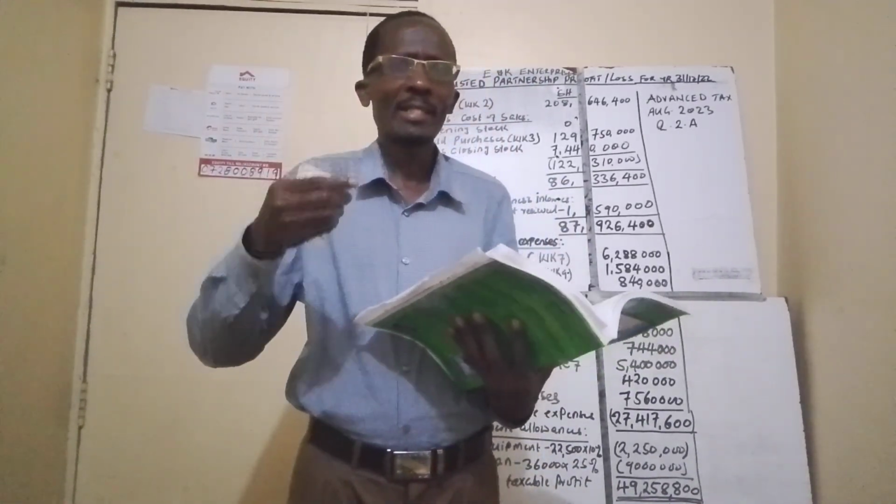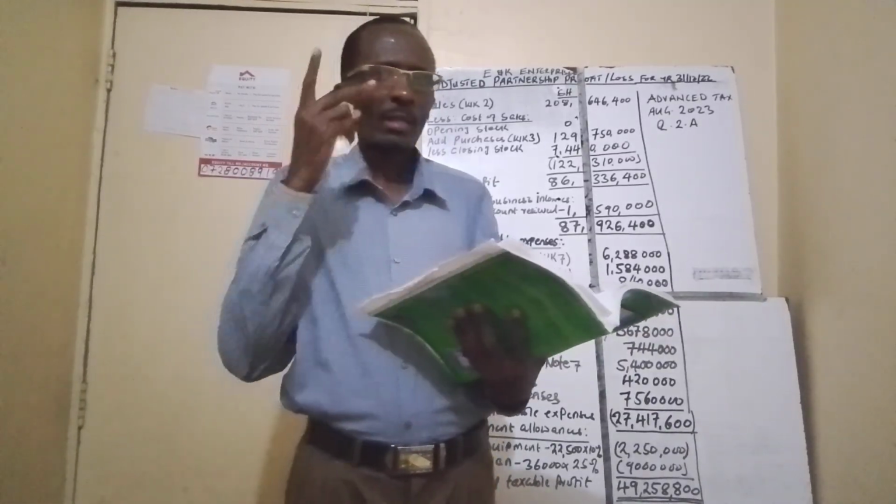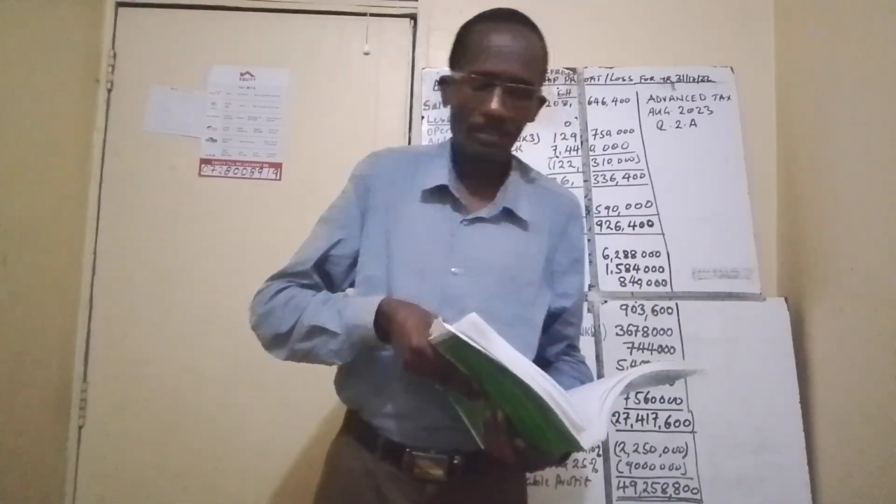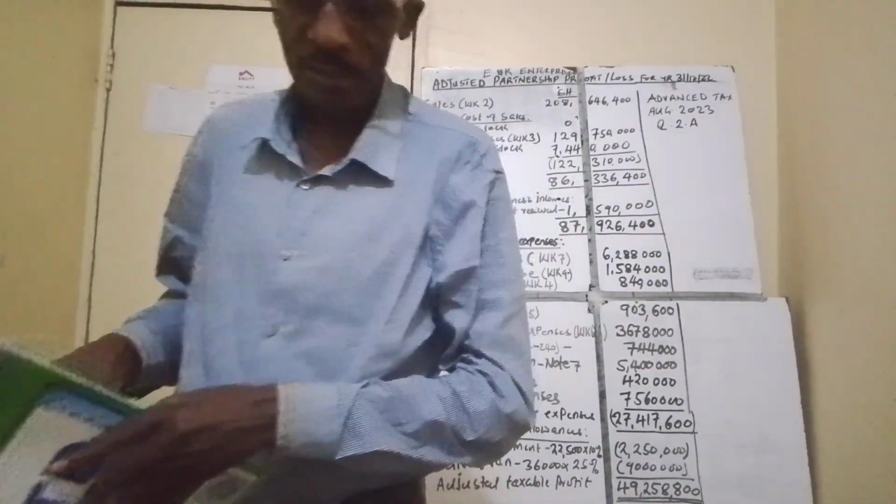So bad debts. Now, a bad debt is an expense. Bad debts which are specific are allowable expenses, and general bad debts are disallowable expenses.